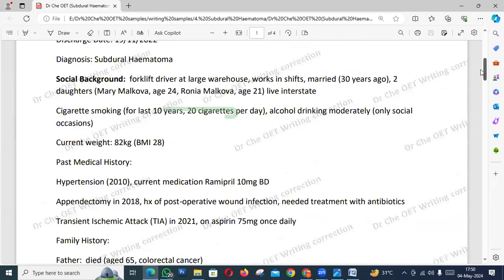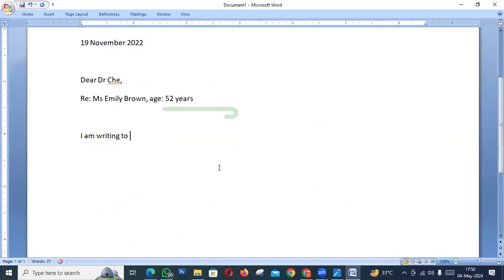The name of the patient is already given above. I am writing to update you on Miss Brown. You can use the surname only here. Then you can use here a 55-year-old woman or whatever, okay?